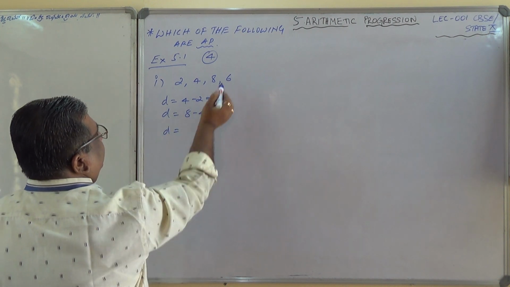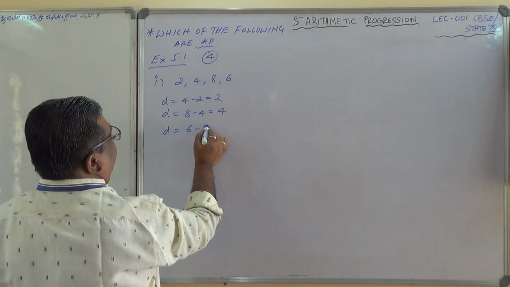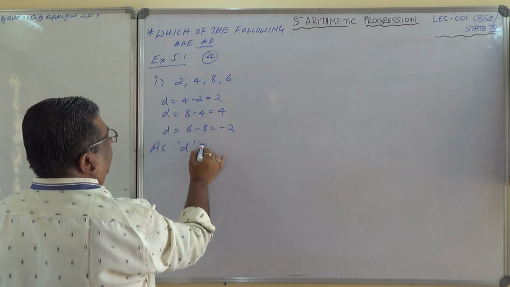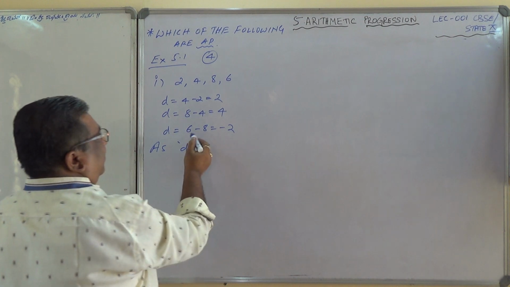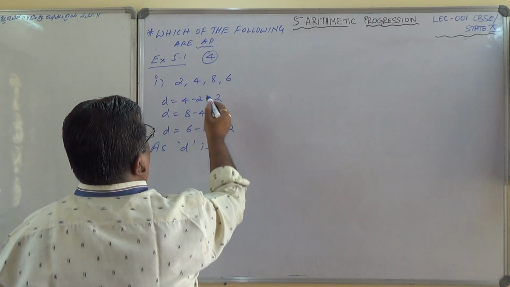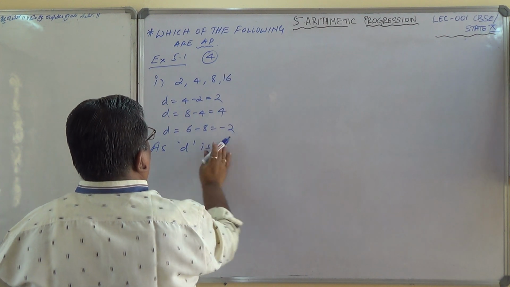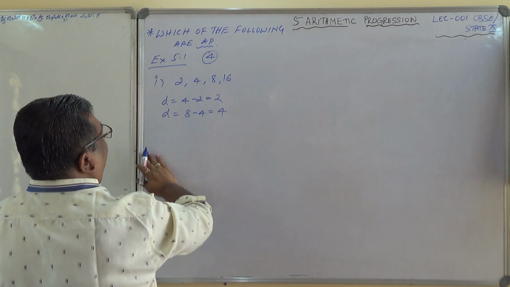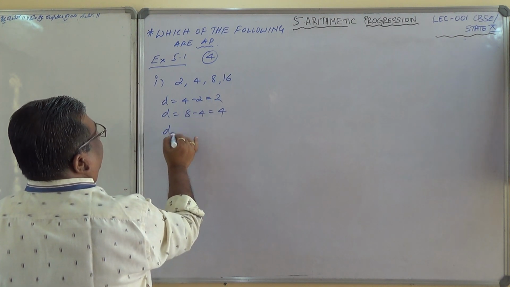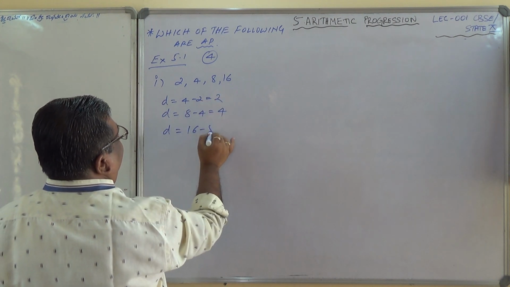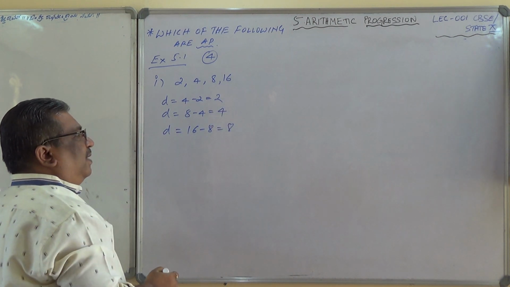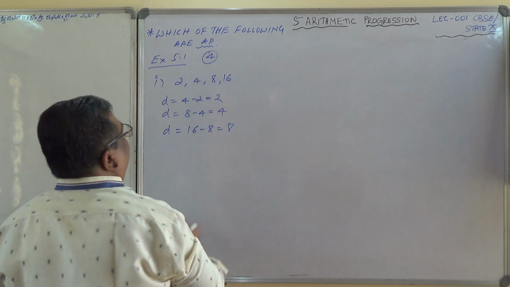And D equals 16 minus 8, which is 8. Do you find any common difference constant here? There is no fixed common difference here.